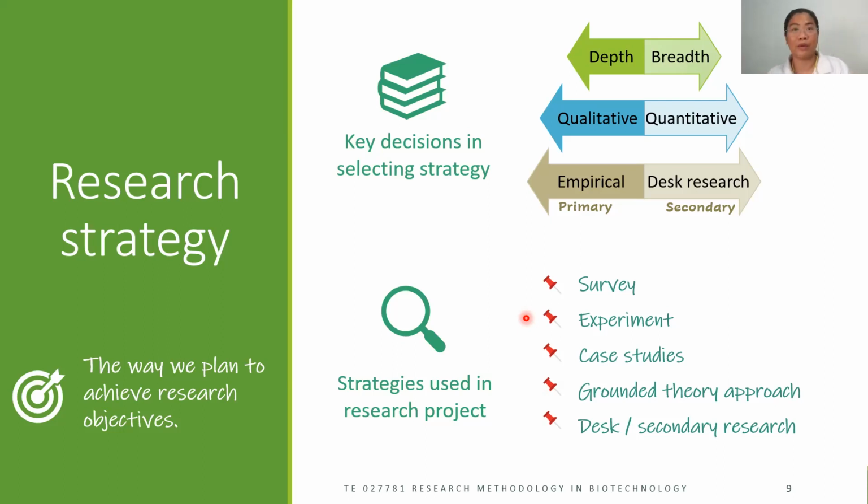We are not talking about where we are going to survey or what case study we are going to do. Most of us would use the experiment strategy. But as a researcher, you need to know that there are other types of strategies for doing research that exist in this world. Okay.